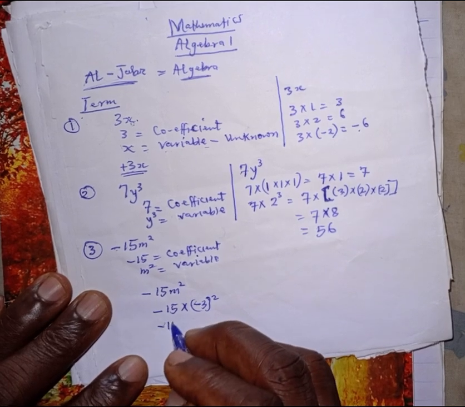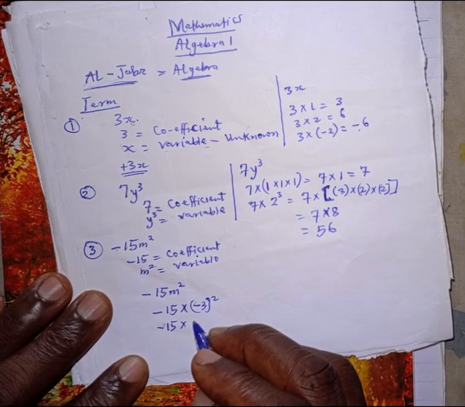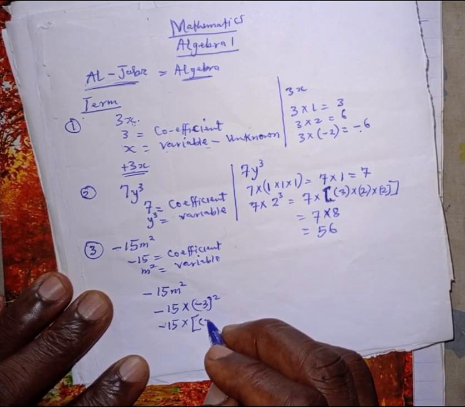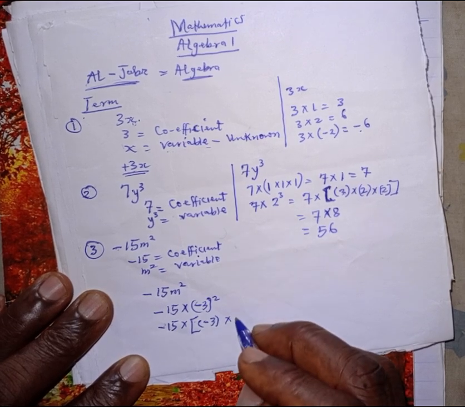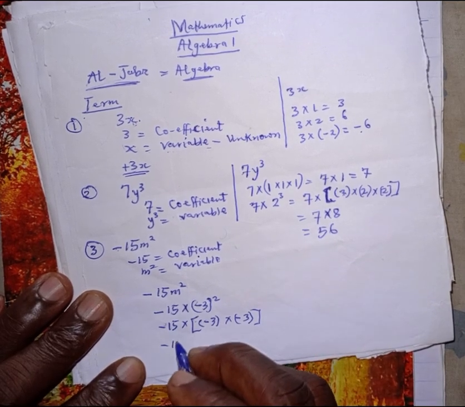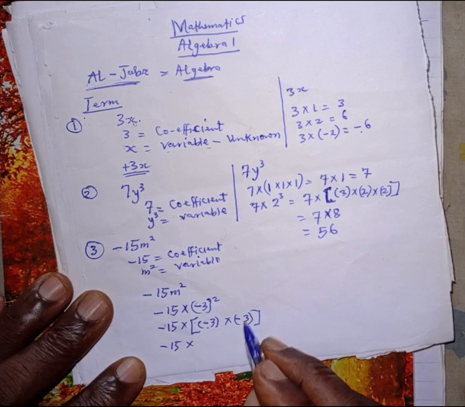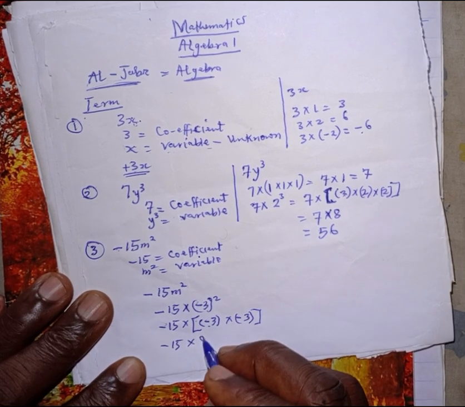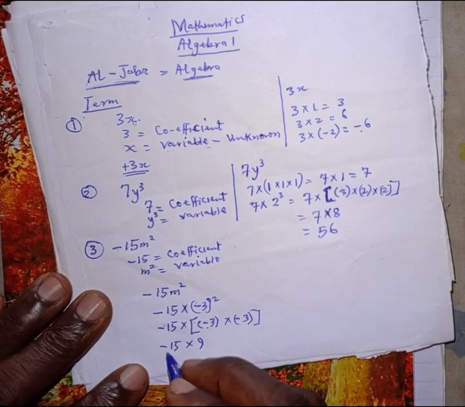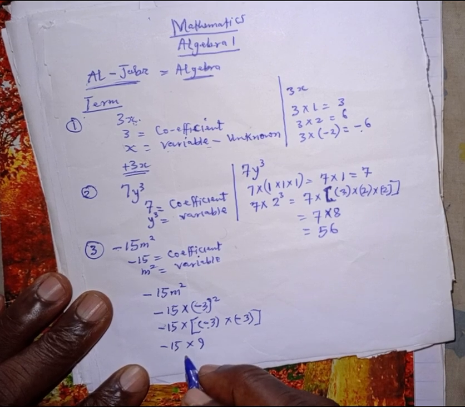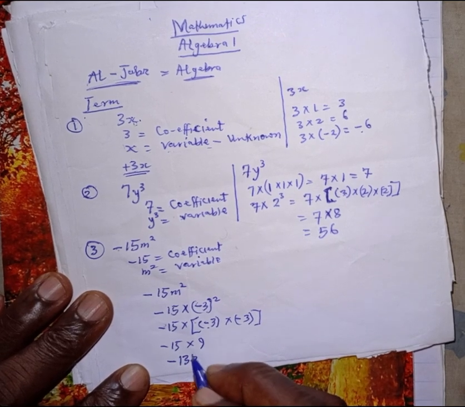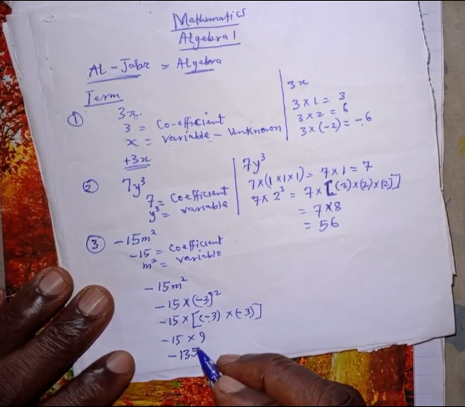So we say minus 15 times, in brackets, minus 3 times minus 3, which is plus 9, because negative times negative becomes positive. So minus 15 times 9 gives us minus 135. Now you can see the real value we are having.